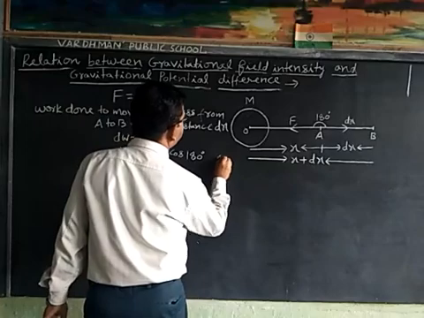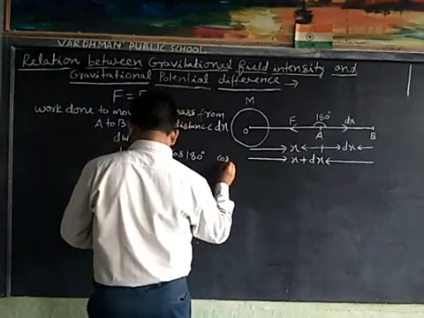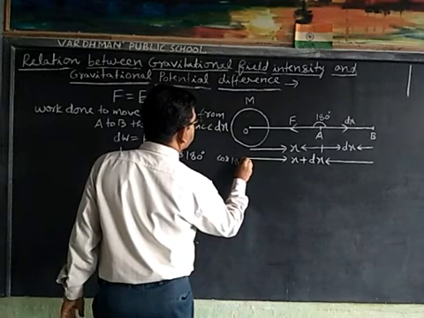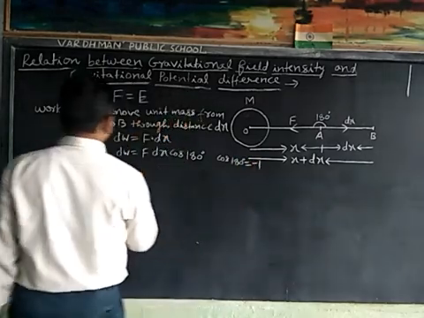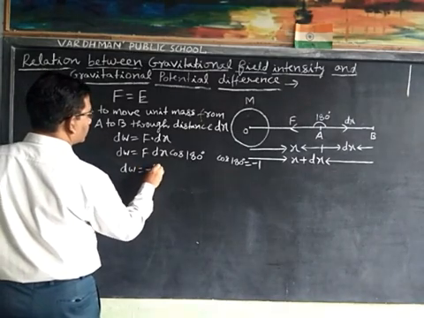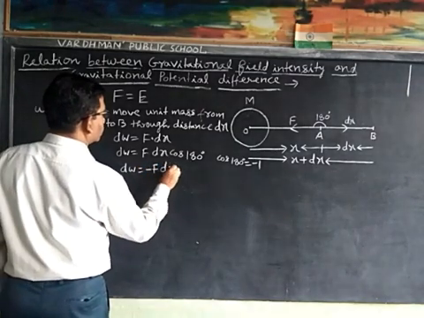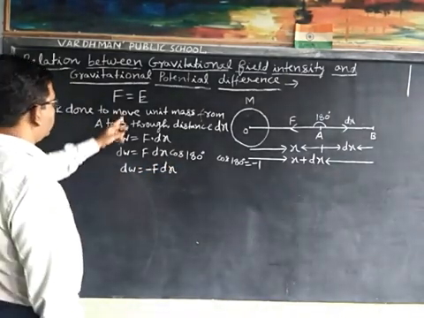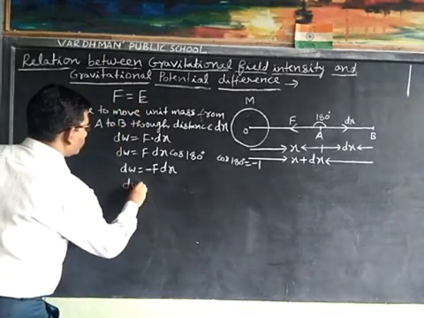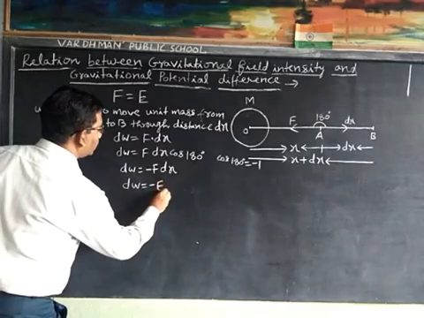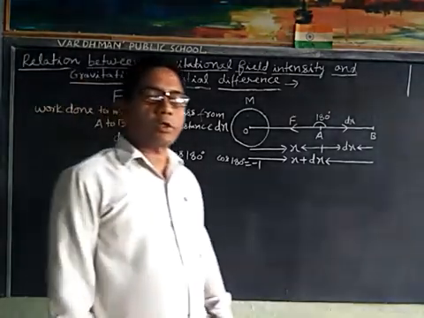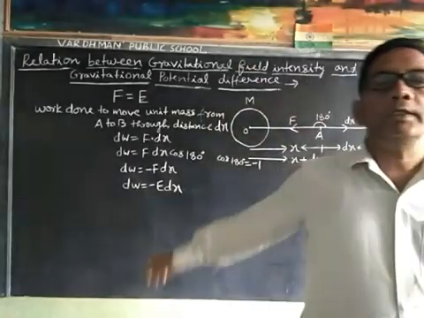Cos 180 is equal to minus 1, that is dW is equal to minus F dx. Now F is equal to E, therefore dW is equal to minus E dx.